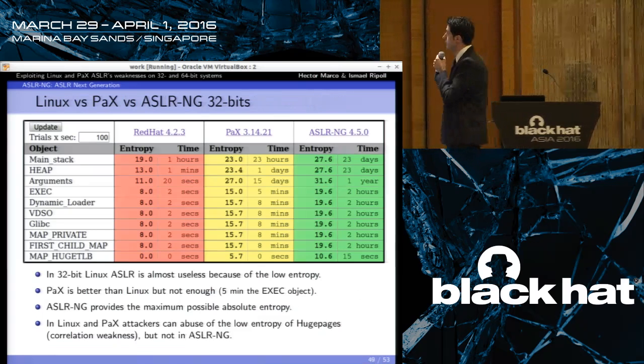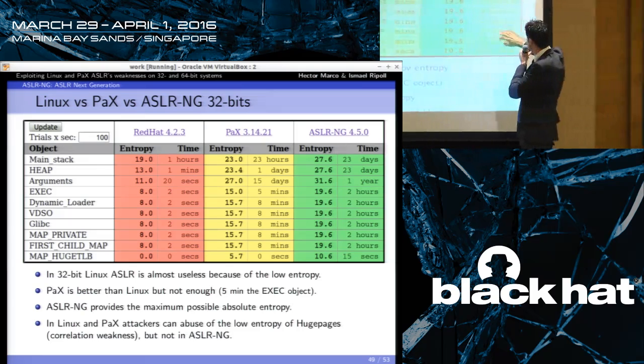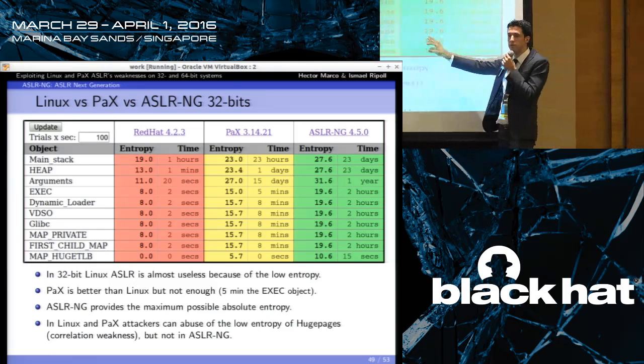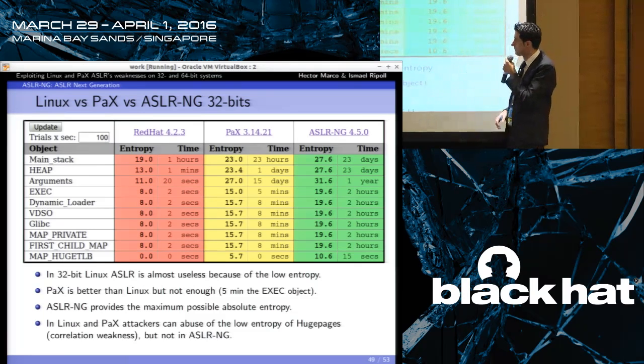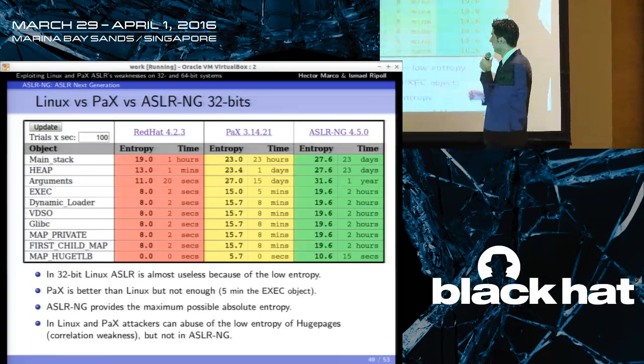So comparing the entropy, here we have ASLR-NG, our proposal. These numbers are the same independently of the profile mode, because this is absolute entropy. We can say that Linux is almost useless because of the low entropy.